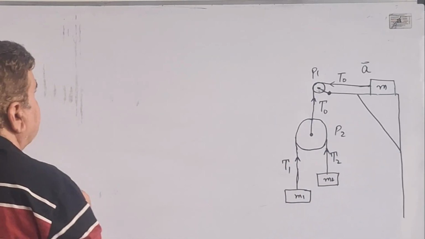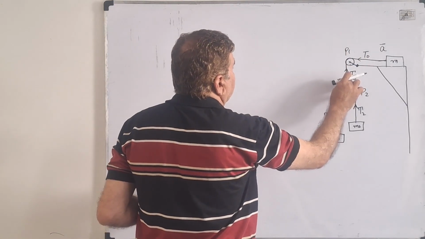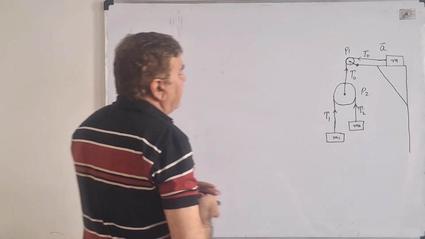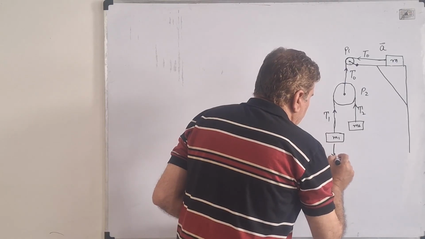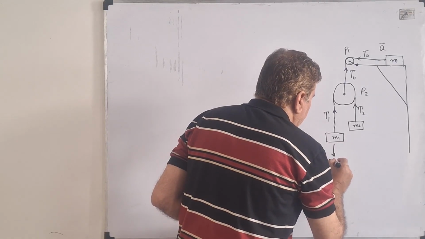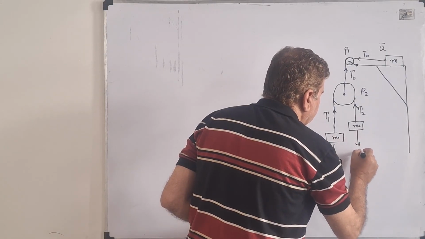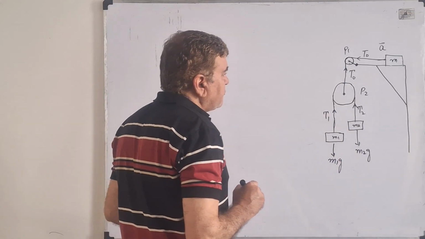So our assumption says that T naught at this position must be equal to the tension at this position, and T1 and T2 must be equal. And then if that's the case, let me represent the weights. The weight of this is M1G acting in the downward direction, and of this mass is M2G acting in the downward direction.